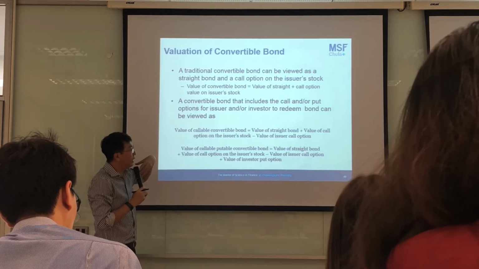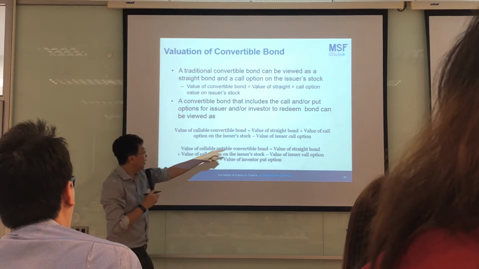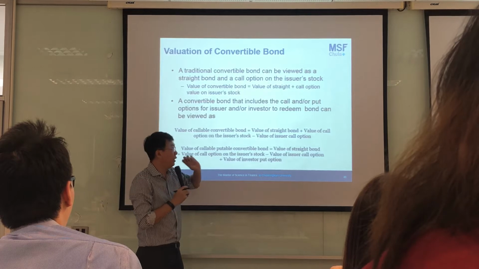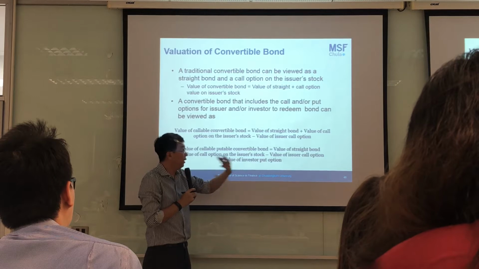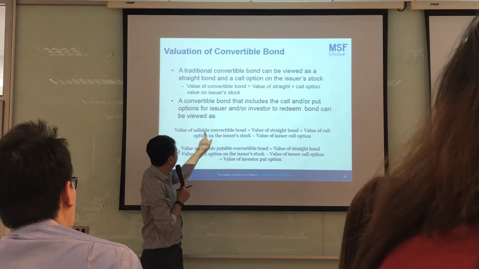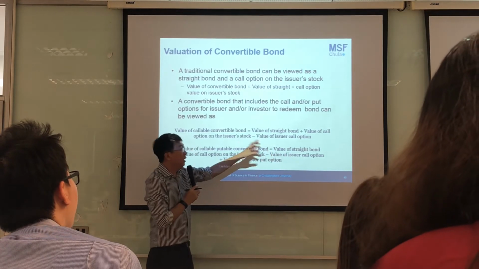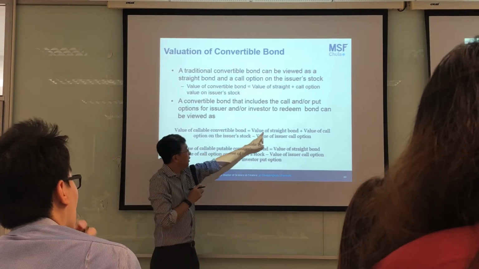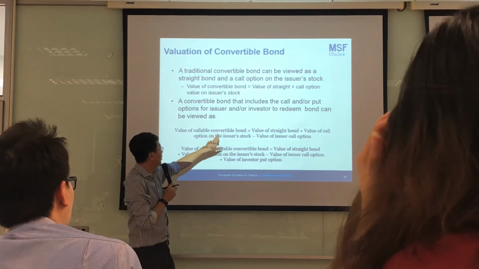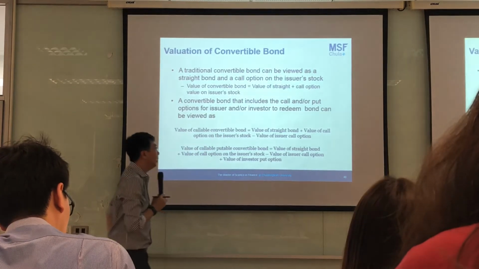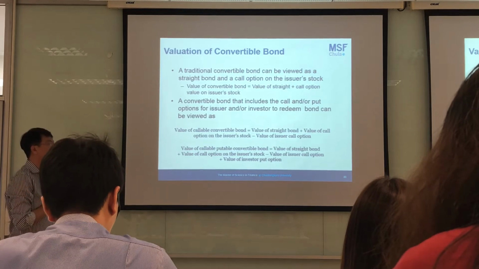So the bondholder actually sells or writes this option to the bond issuer. That's why we subtract it, because the bondholder writes or sells this option on the bond to the bond issuer. But the bondholder gets the straight bond plus the option on the stock, the convertible. So this is the value of the callable convertible bond.